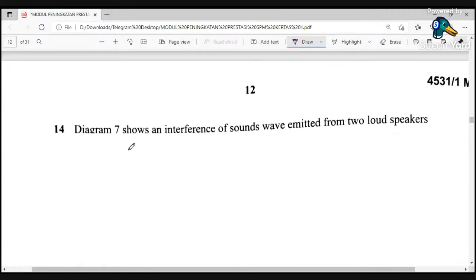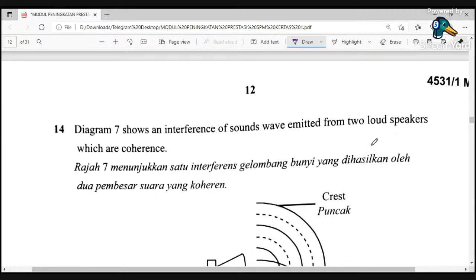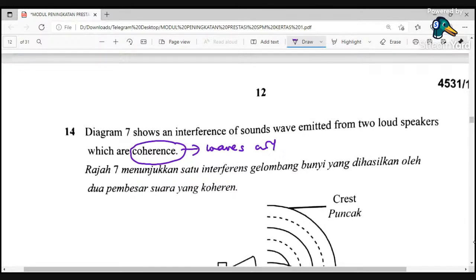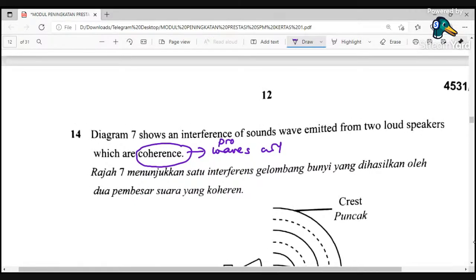Number 14, interference of sound wave emitted from two loudspeakers which are coherent. Apa maksud coherence ni? Okay, the sources that produce wave with same frequency.